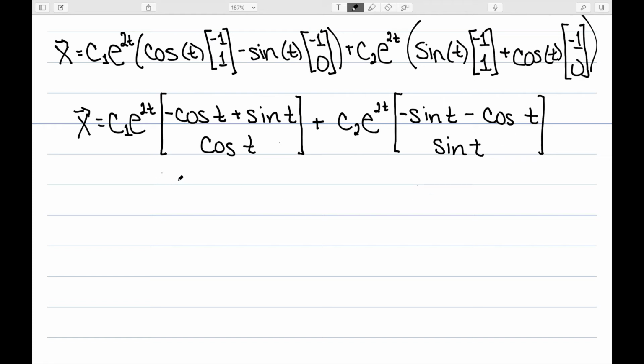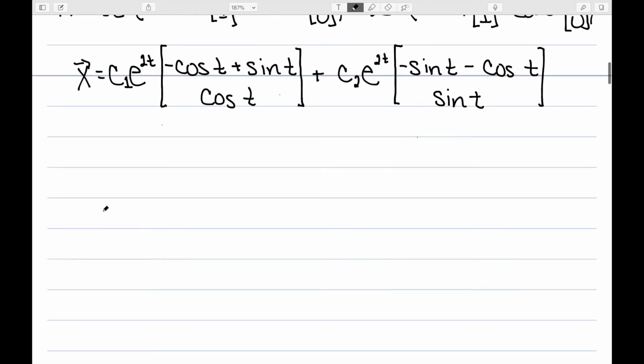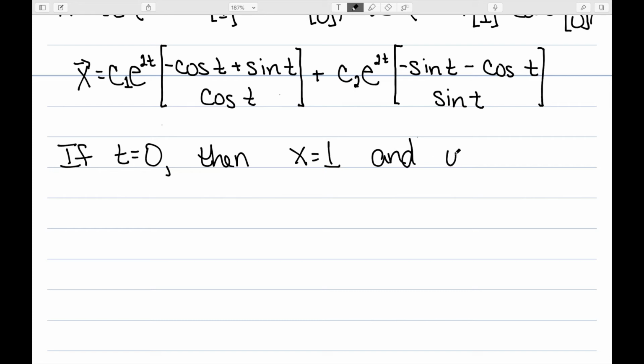So I finally have my solution. And let's see if we can go a little bit further. Let's suppose that we know if t is equal to 0, then x is equal to 1 and y is equal to 0. This tells me that the first row should be equal to 1 when t is 0.